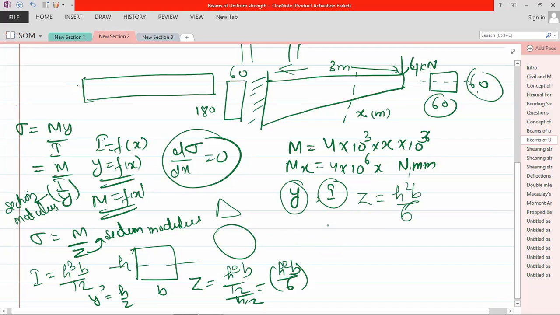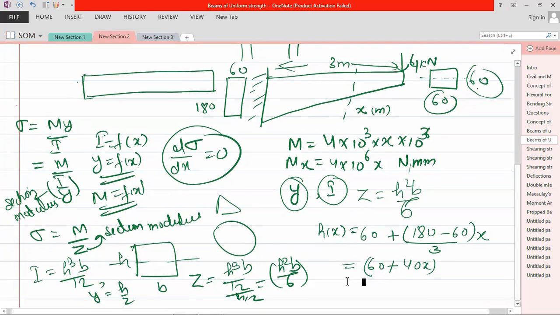So h as a function of x is equal to 60 plus 180 minus 60 divided by 3 into x. That is equal to 60 plus 40x. This is h.